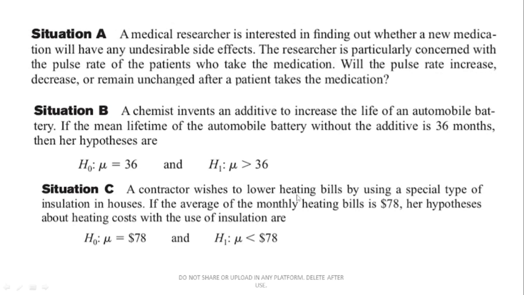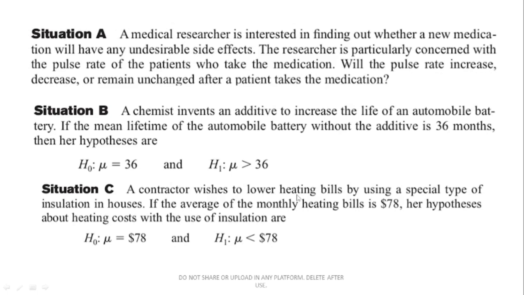So situation 1: a medical researcher is interested in finding out whether a new medication will have any desirable side effect. The researcher is particularly concerned with the pulse rate of the patients who take the medication.